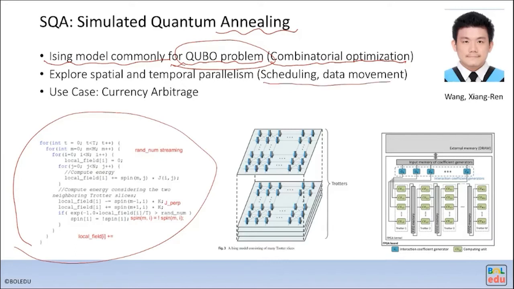So one promising application is Toshiba using this for finance, mainly currency arbitrage. So currency arbitrage actually is a graph problem. Yeah, you want to find a path that gives you a positive gain. Yeah.